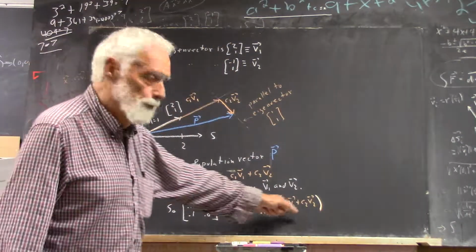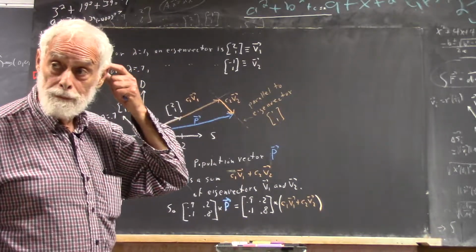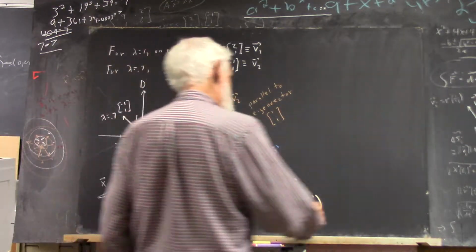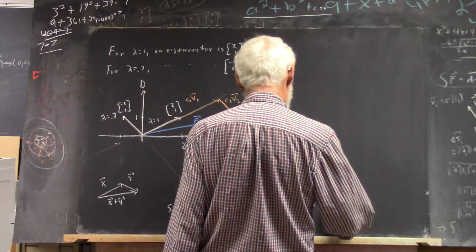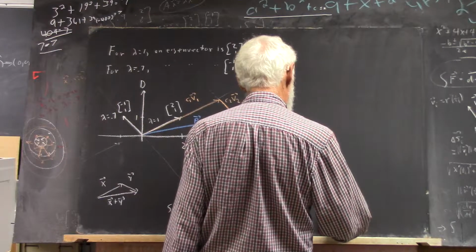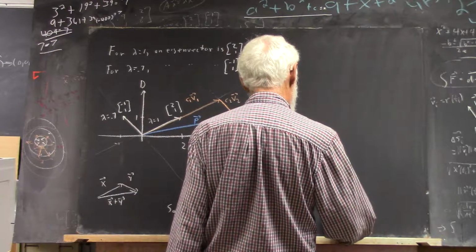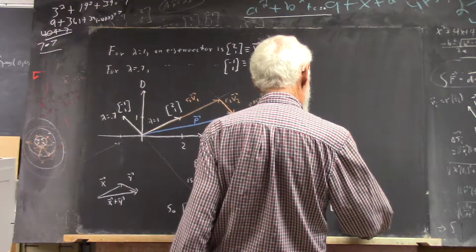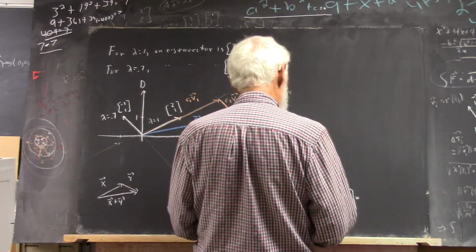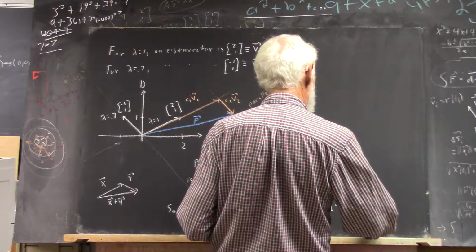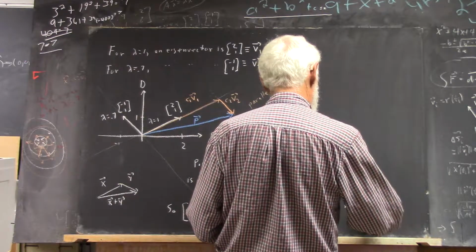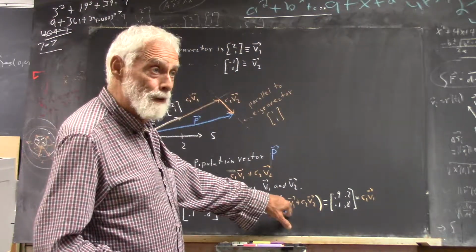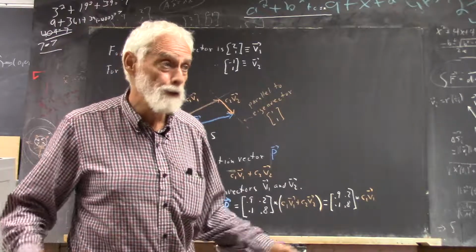Because P is C1 V1 plus C2 V2, okay? And that equals this matrix times this, plus this matrix times this because you have a distributive law.